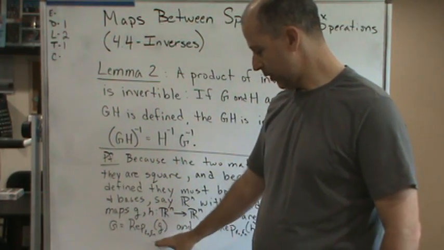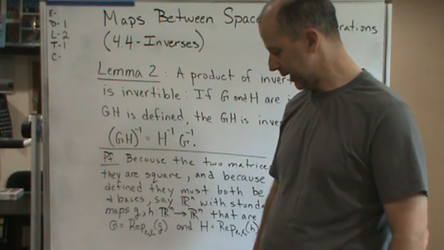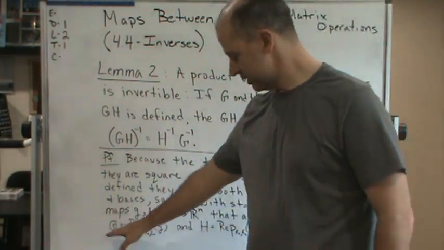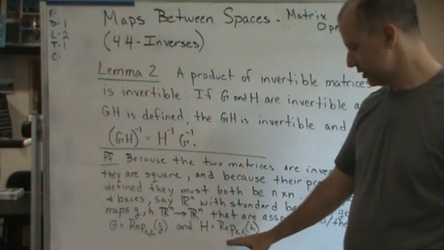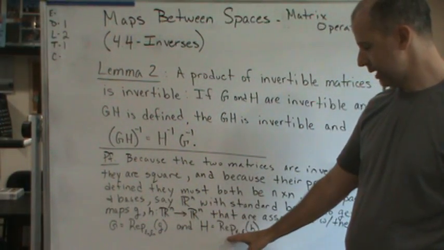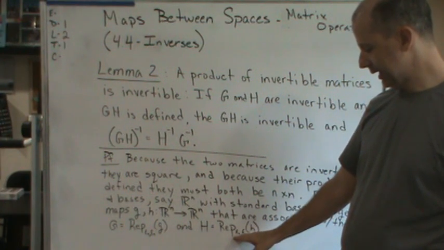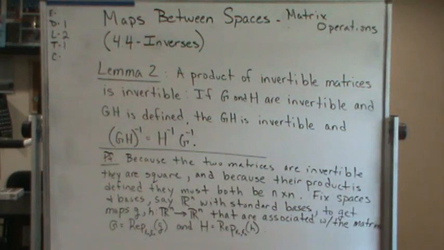We're going from the bases in the domain to the codomain. Again, we're talking about the natural bases here. So this is how we're going to represent G. And then likewise, we're going to represent H as the representation with respect to, again, epsilon n to epsilon n of H.